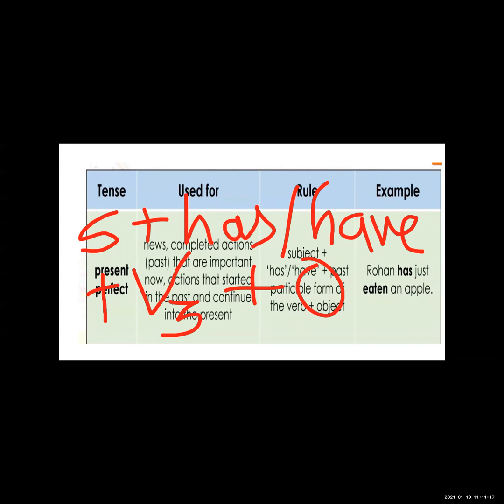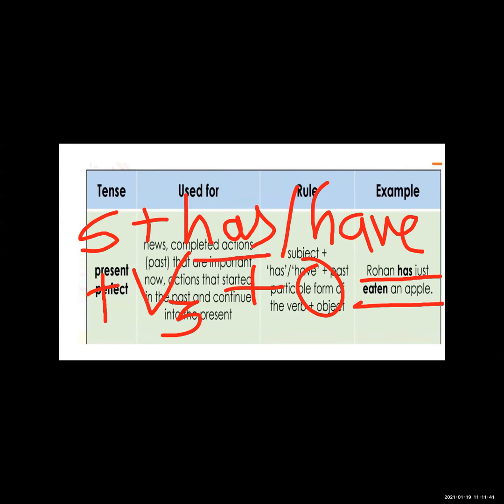Now, using this formula, here is one example: Rohan has just eaten an apple. It means that some time before, Rohan started eating the apple, and in the present he has eaten the full apple, so his action is completed. Rohan is the subject. Why do we use has here?